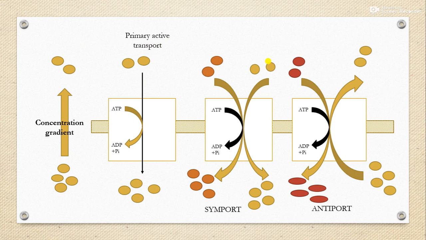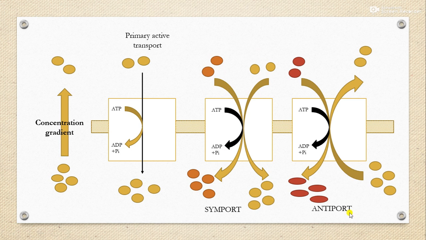Symport is also called co-transport, and since it is an active process, it will transport the drugs from a lower concentration region to a higher concentration region by expenditure of ATP. But at the same time, there will be a co-transport of another molecule in the same direction. So therefore it is called symport or co-transport.